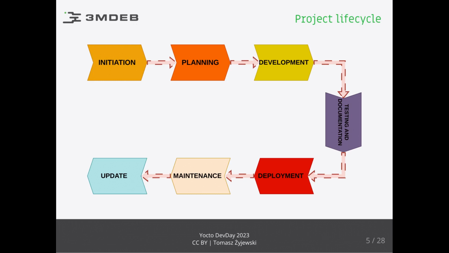Then we can have something called planning. In the planning phase, we take those ideas and define the scope, the objectives, and the strict deliverables that need to be provided for our project to be successful.